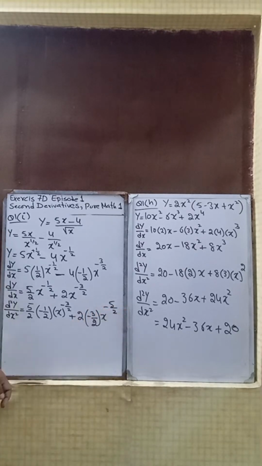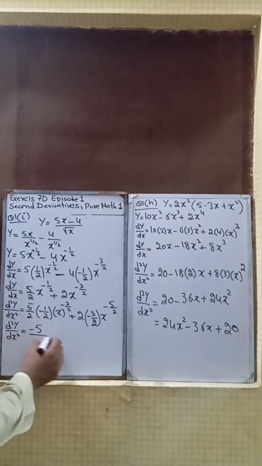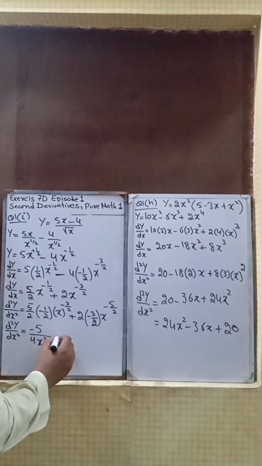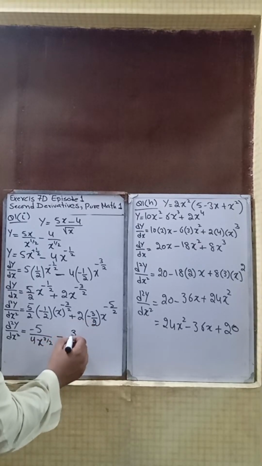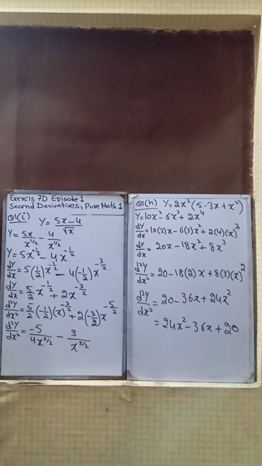Okay. So this second derivative d square y by dx square is minus 5 divided by 4 x raised to power 3 by 2, and minus 2 to cancel, 3 divided by x raised to power 5 by 2. So basically this is the answer, but your book would have simplified it into some other form.